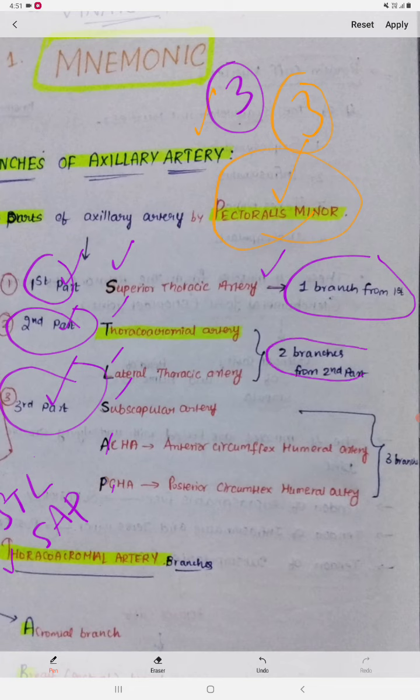Coming to the two branches from the second part, that is the thoracoacromial artery and the lateral thoracic artery. And coming to the third part, we have three branches: one is the subscapular artery, another is the anterior circumflex humeral artery, and the posterior circumflex humeral artery. So you can remember all these branches by the mnemonic STL and SAP, that is nothing but slap the lawyer and save a patient.